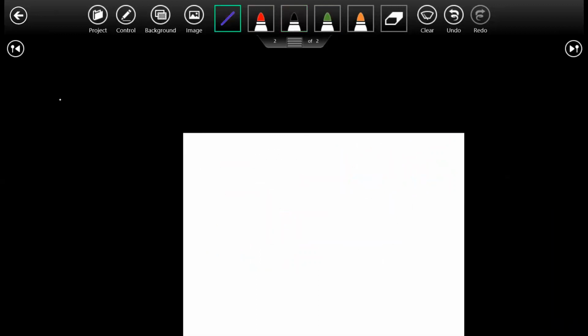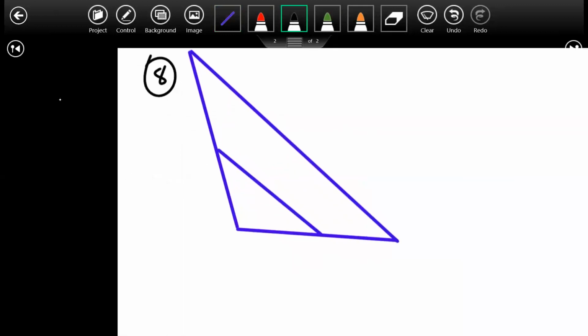Our last problem, number 8, I'll try to draw this out pretty accurately. We have L, 30, R, N. The full length of this is going to be 84.